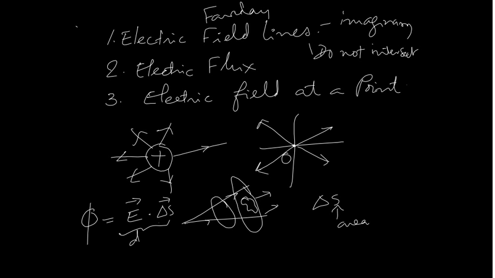This is covered in mathematics, vectors. Dot product of two vectors will give you phi. That means how much of the electric field lines are going through this area. So that is about the electric flux. They can ask, what is an electric flux?